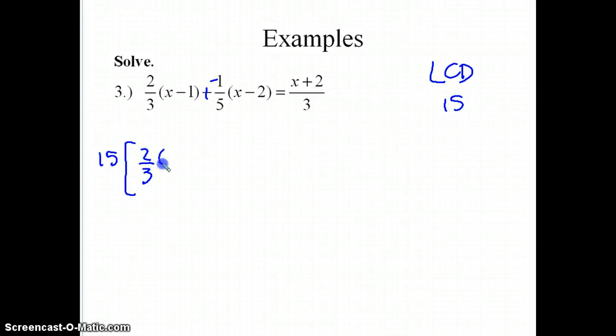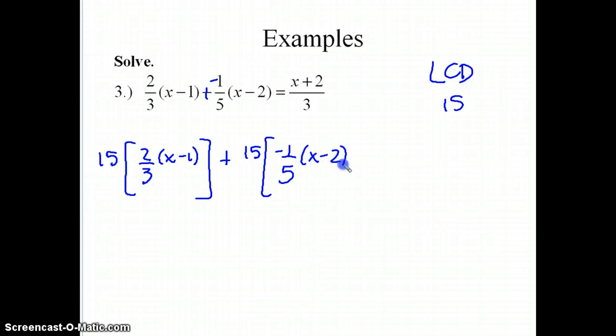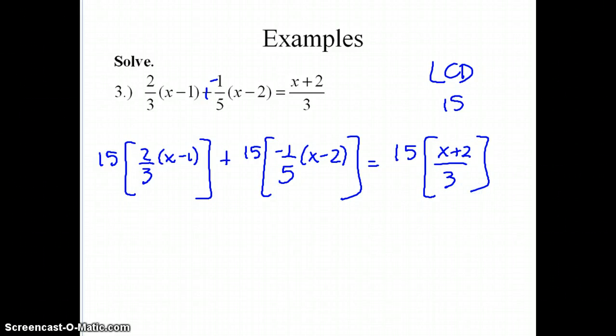So I have 15 times 2/3 times the quantity x minus 1 plus 15 times negative 1/5 times the quantity x minus 2 is equal to 15 times x plus 2 divided by 3. I miswrote that at first, so I fixed it.